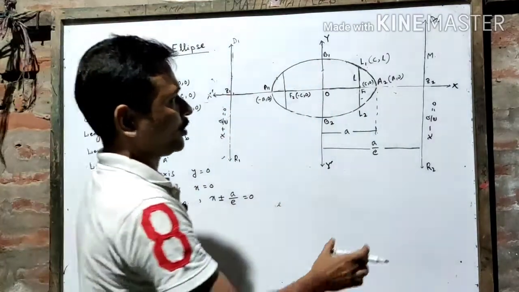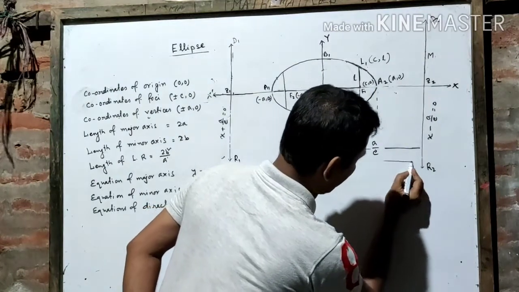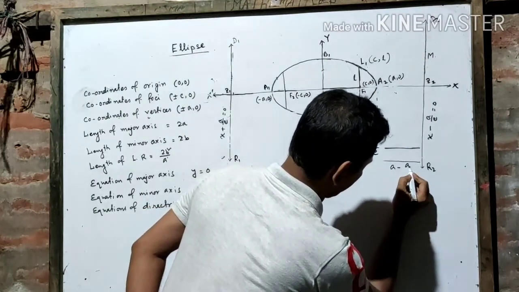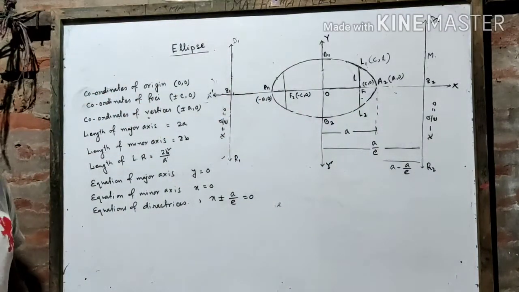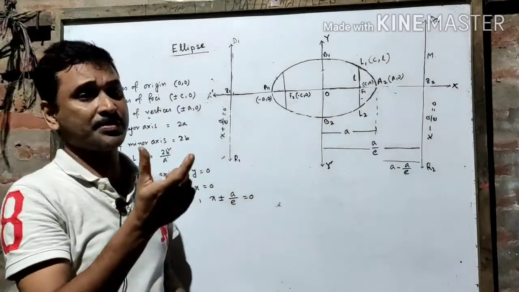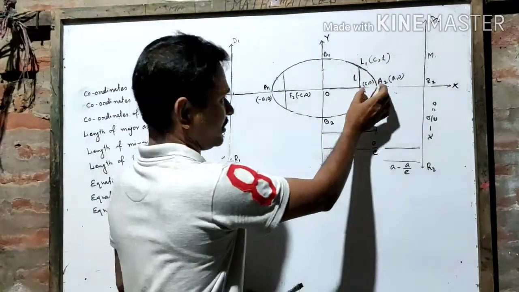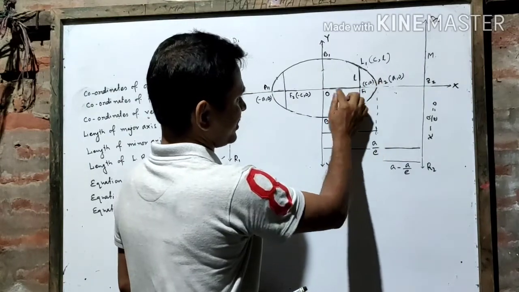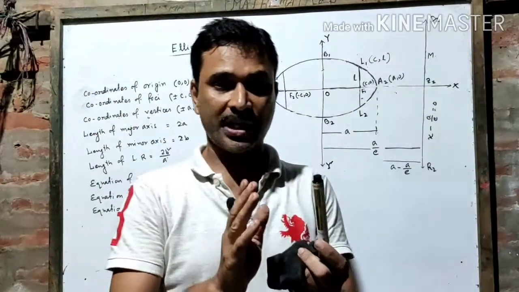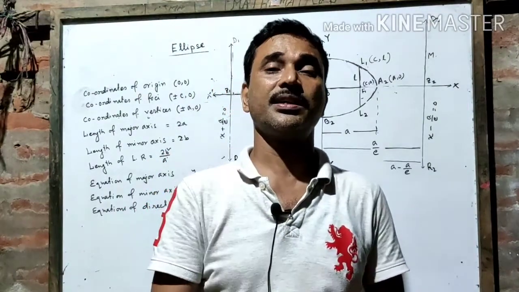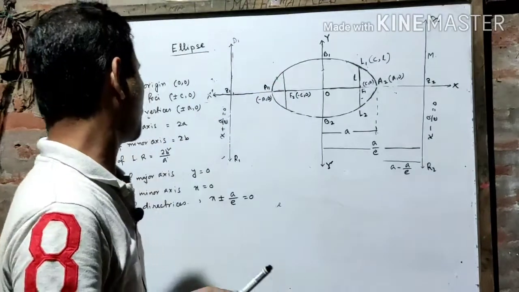So the distance of a vertex from the nearest directrix is a by e minus a. And the distance of a vertex from the nearest focus: this is a, this is c, so a minus c. Distance of a focus from the nearest vertex is a minus c. Remember these things, they are useful also.